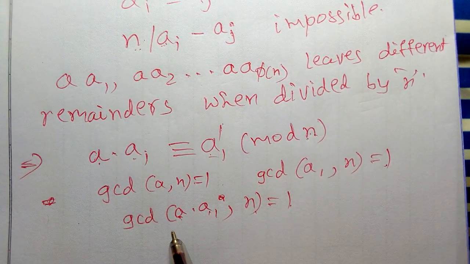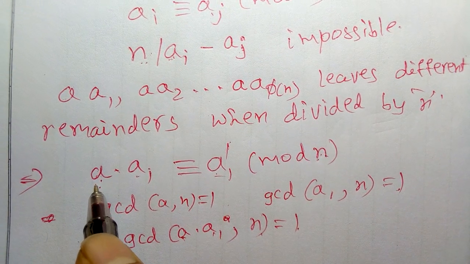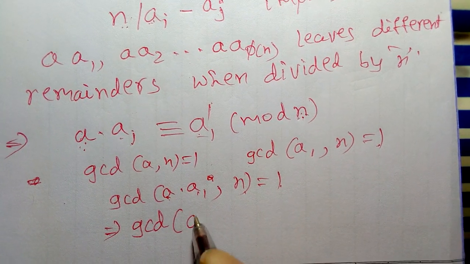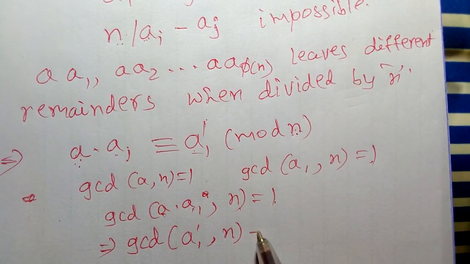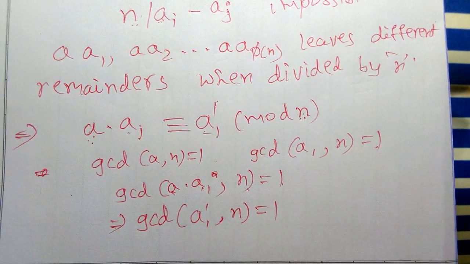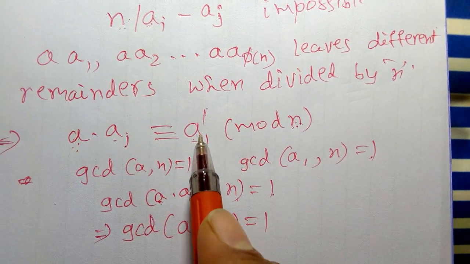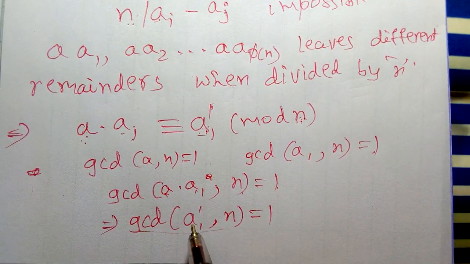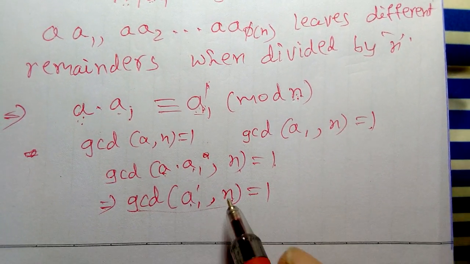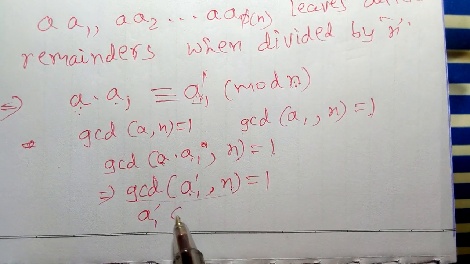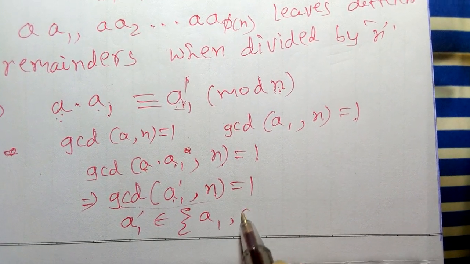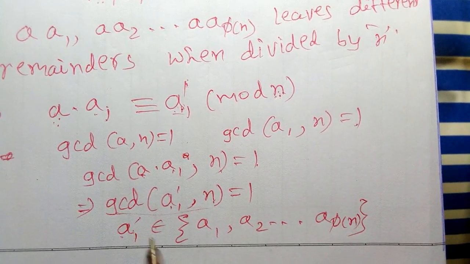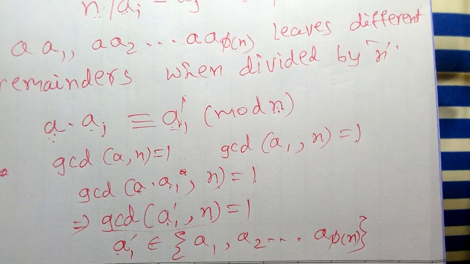By this, if GCD of a·a1 and n is equal to 1, then GCD of a1 dash and n is also equal to 1. We are taking a1 dash less than n, and this says that a1 dash and n are relatively prime. This shows that a1 dash belongs to the set a1, a2 up to a phi of n. a1 dash lies among the numbers in this set.